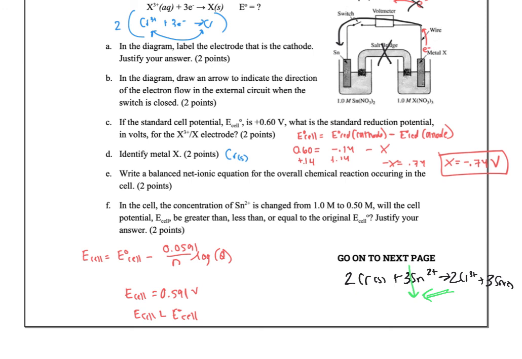So because it shifts left, that means the E cell will be less than the standard, less electrons on the wire. So either option, you did not need to do both, but I'm looking for: lowering the concentration of a reactant shifts the reaction left. Due to Le Chatelier, less electrons on the wire means lower E cell than the standard. Or plugging and chugging and solving it out for me.